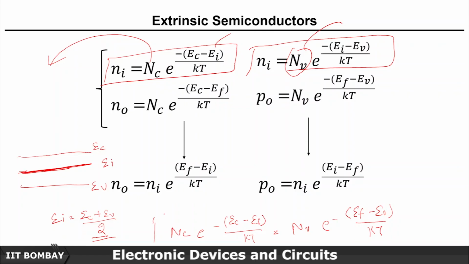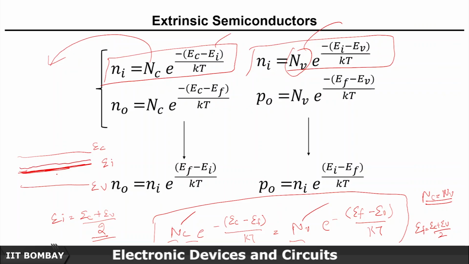If you solve it, you will find that only if Nc is equal to Nv will your Ef be exactly in the middle. But the effective masses of electrons and holes are not equal, therefore Nc and Nv are not equal. So usually the Fermi energy level is slightly distorted, slightly up or down.